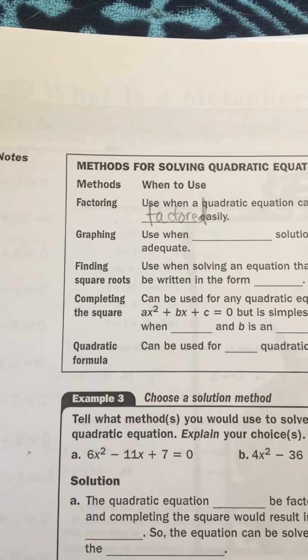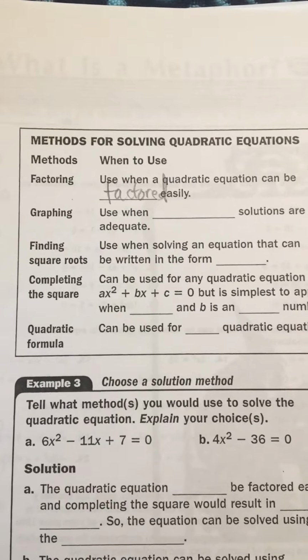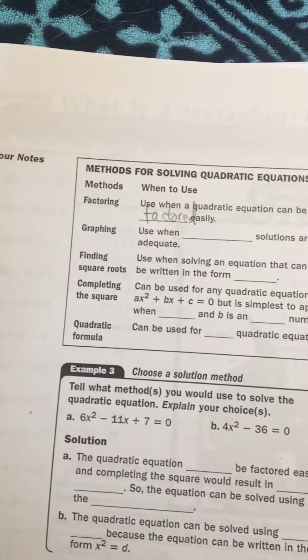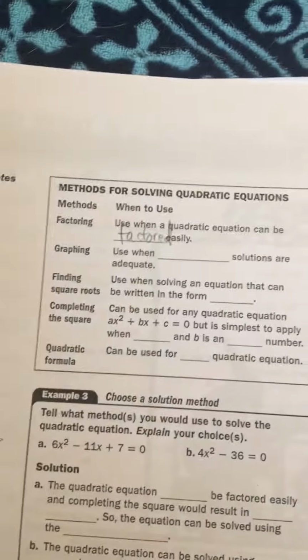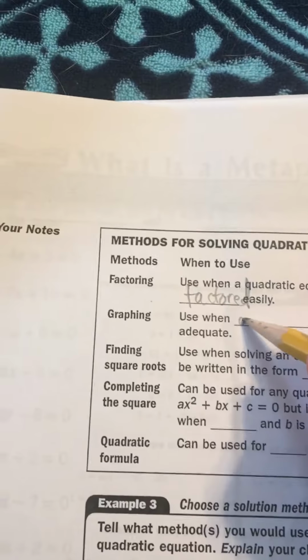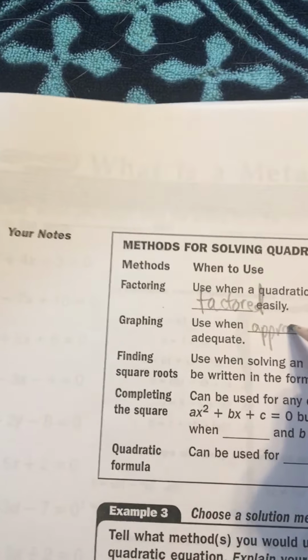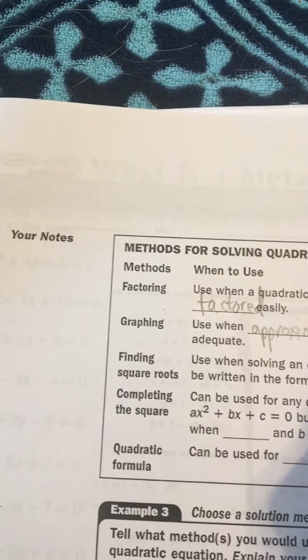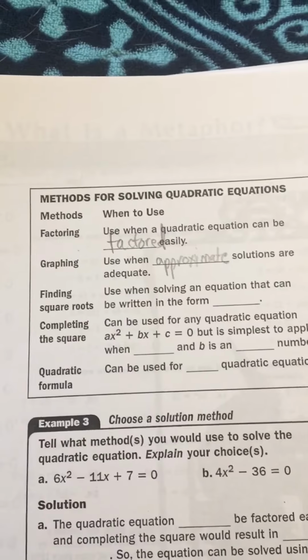Okay? The next method is to graph. And now, graphing is really just to give us approximate solutions, because graphing is not that fun. It's also not that accurate. So if you're just looking for approximate answers and you happen to like graphing, that is a method.